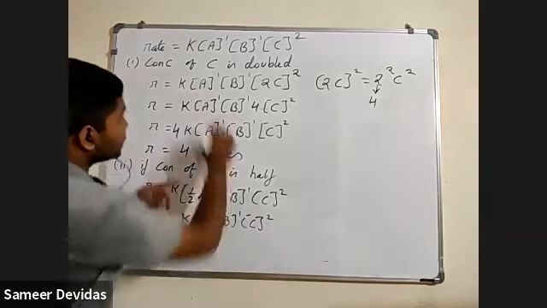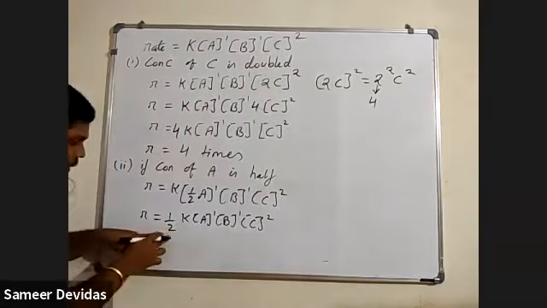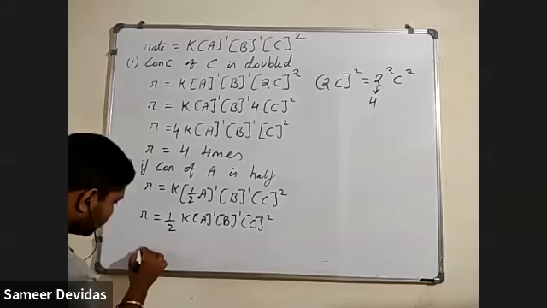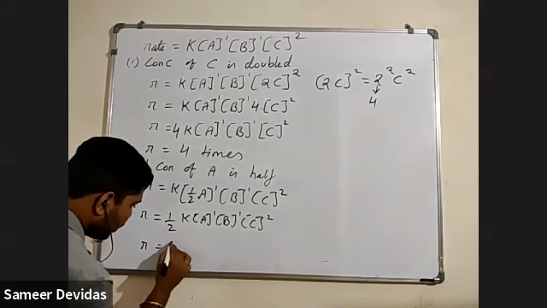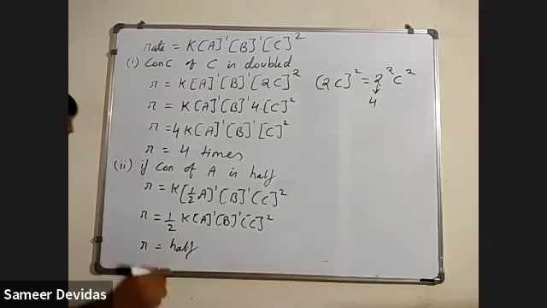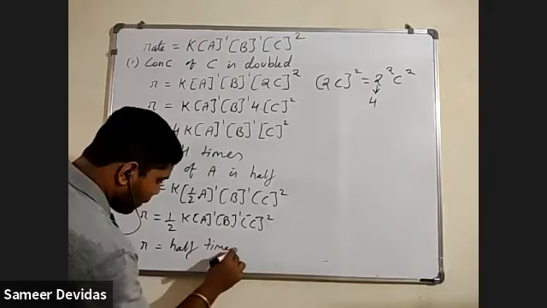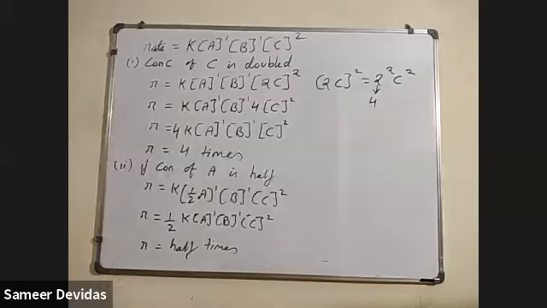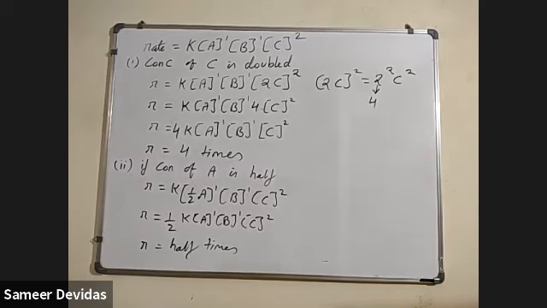If you see, this is as it is. Which number came here? Half. So your answer is what? R is equal to half times, the rate will be half, you can see.